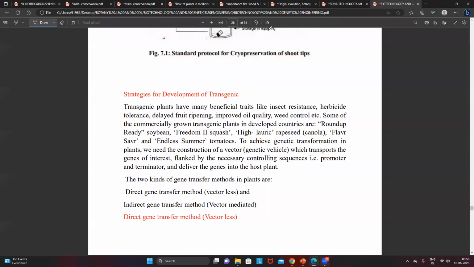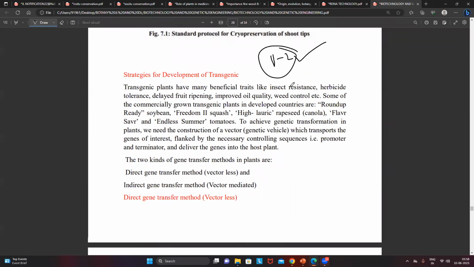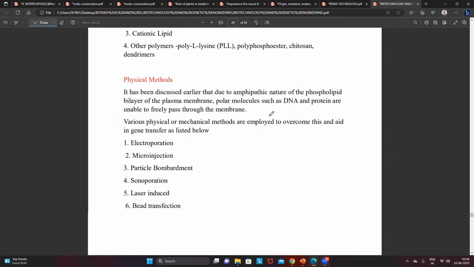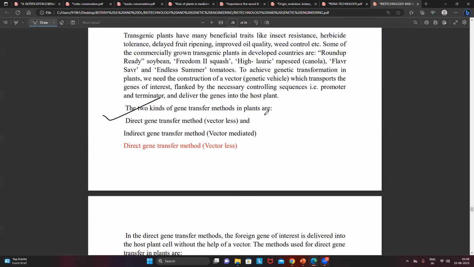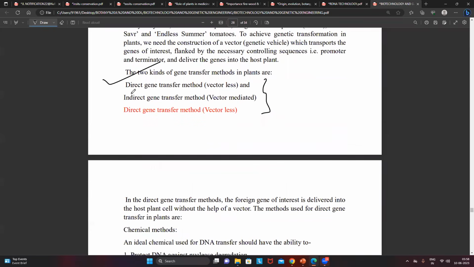I told you there is no question paper without a question from secondary metabolites. Similarly, there is no question paper without a question from gene transfer. Undoubtedly you are going to get a question from gene transfer. There are two types of gene transfer: direct and indirect.